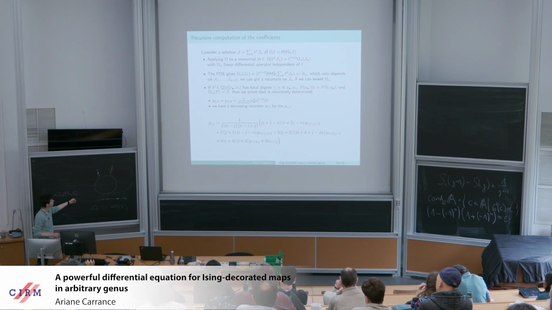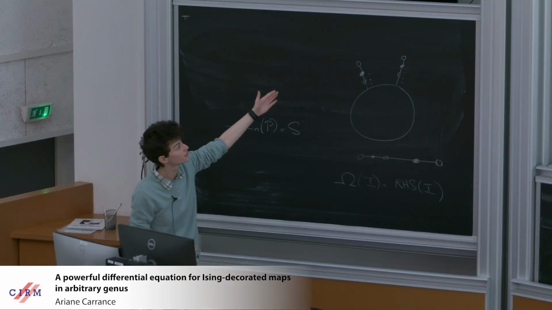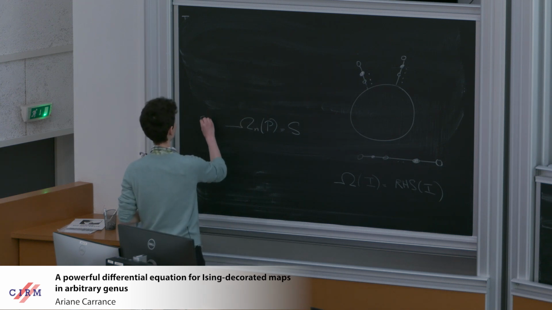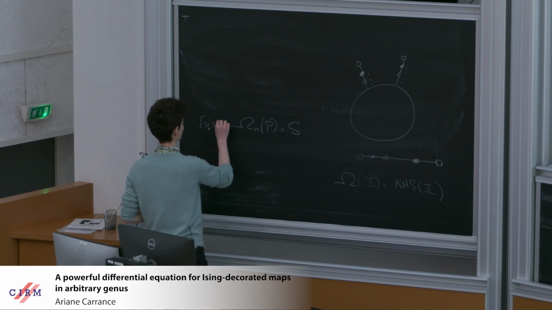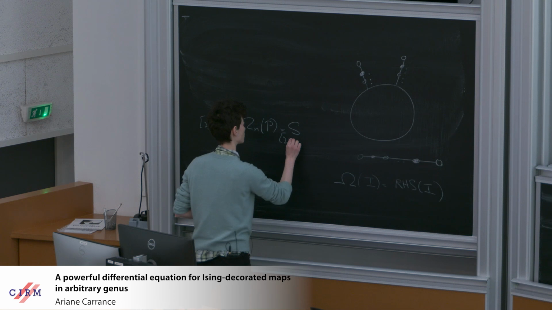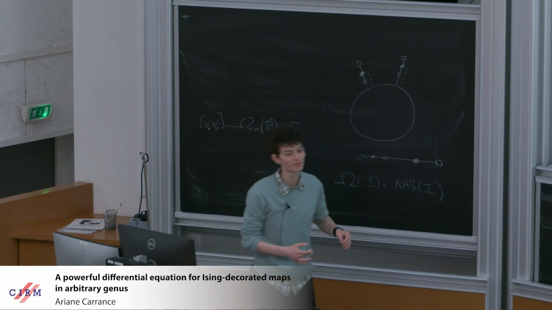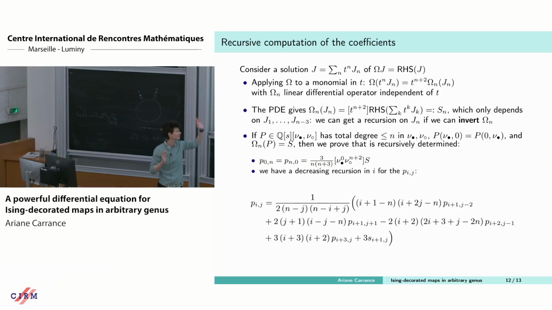These are equalities between polynomials in nu black and nu white, and so we just look at the coefficients of these polynomials, and for well-chosen values of i and j, we get something nice.